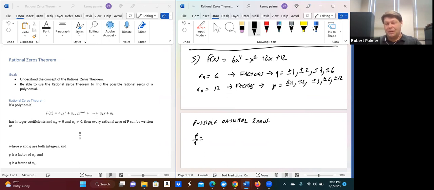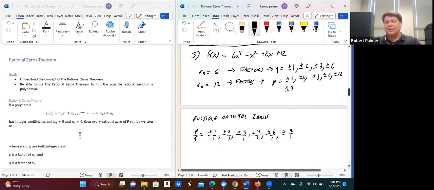Divide each one by 1: plus or minus 1 over 1, plus or minus 2 over 1, plus or minus 3 over 1, and also, sorry, I left one out, plus or minus 4 over 1, plus or minus 6 over 1, plus or minus 12 over 1. All those were reduced, and so this is just one set.